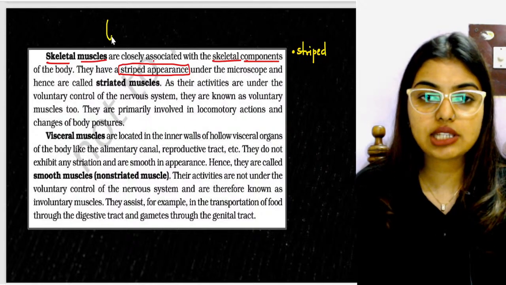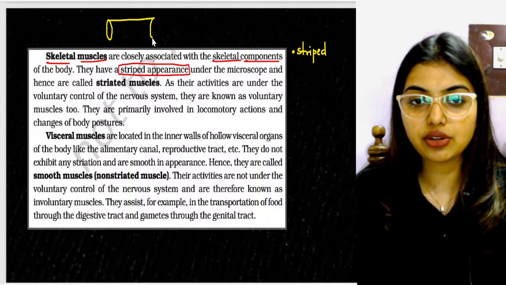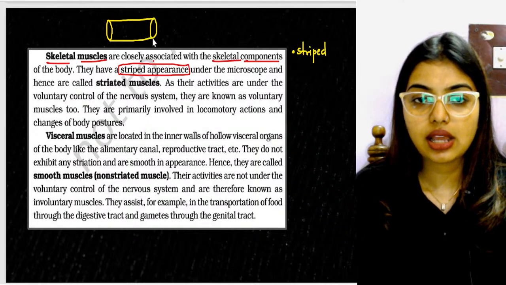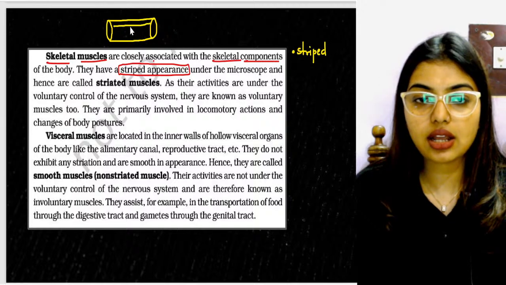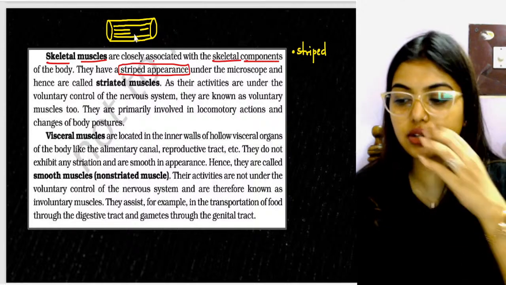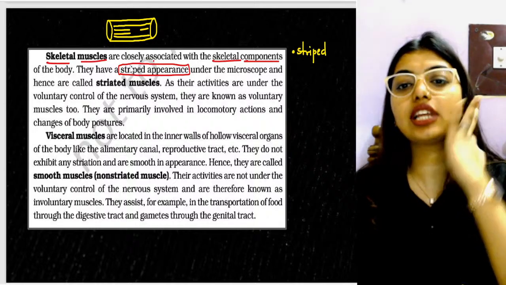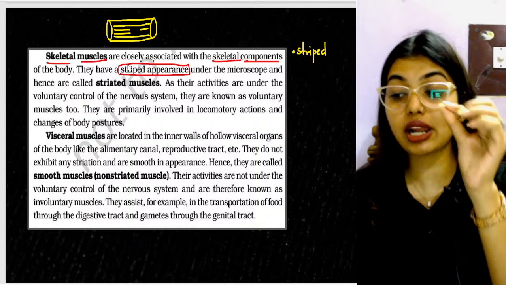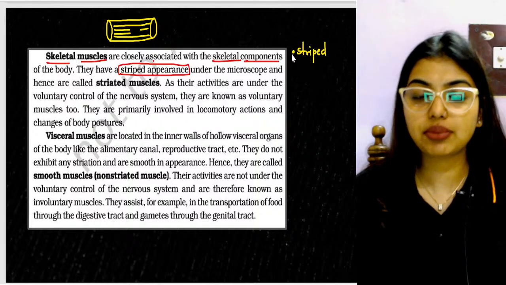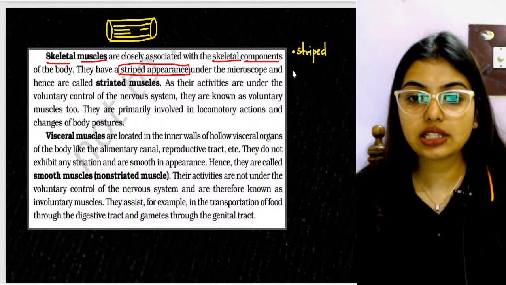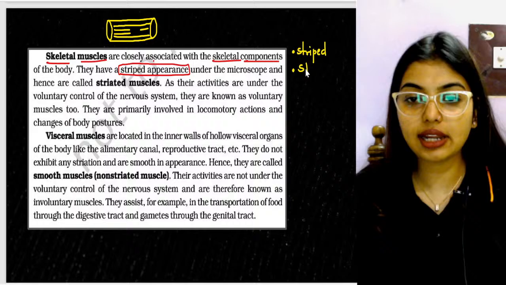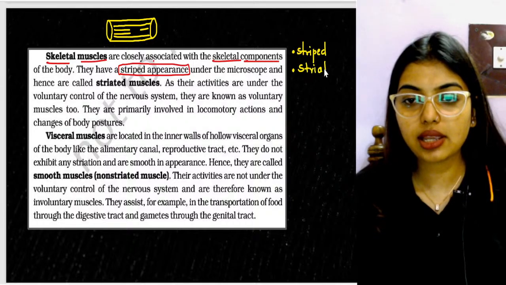All of you would have seen muscle, no? This is how your muscle looks. You would have seen the dark and light striations on the muscles. This is called striped appearance. Under the microscope, that is why they are called striated muscles.